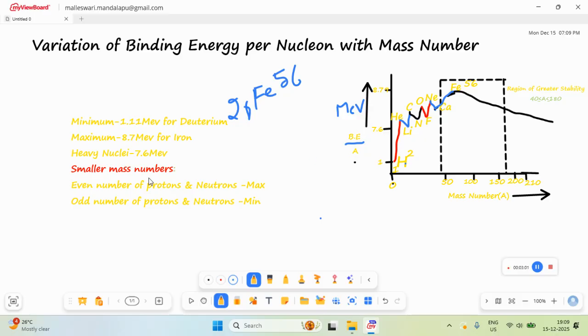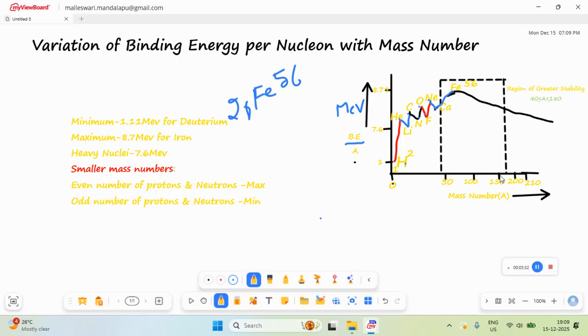If they have an even number of protons and neutrons, for small mass numbers only we discuss here, they have maximum values of binding energy per nucleon. For an odd number of protons and neutrons, like lithium, nitrogen, fluorine, binding energy per nucleon is minimum.